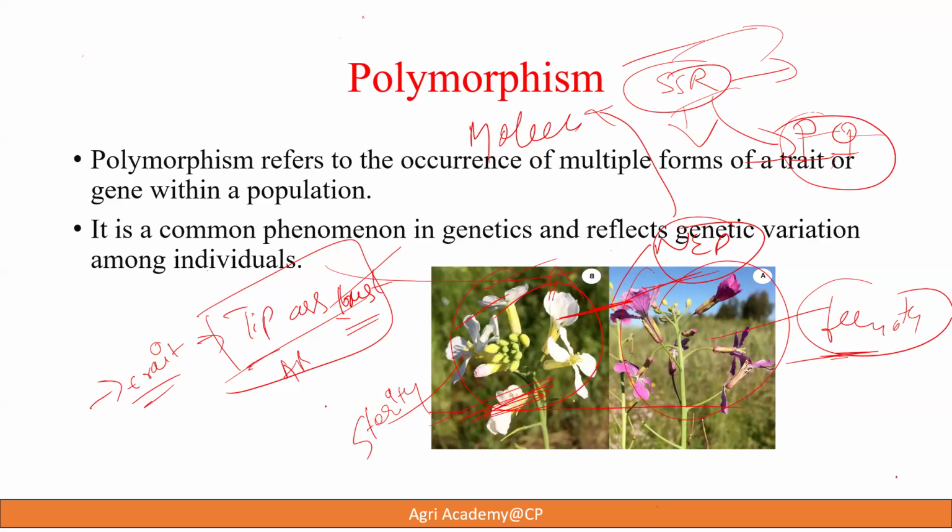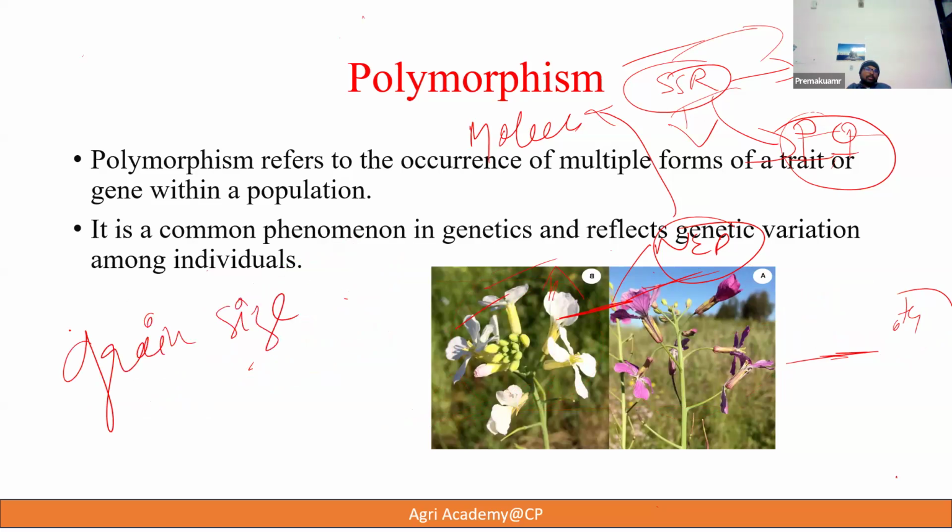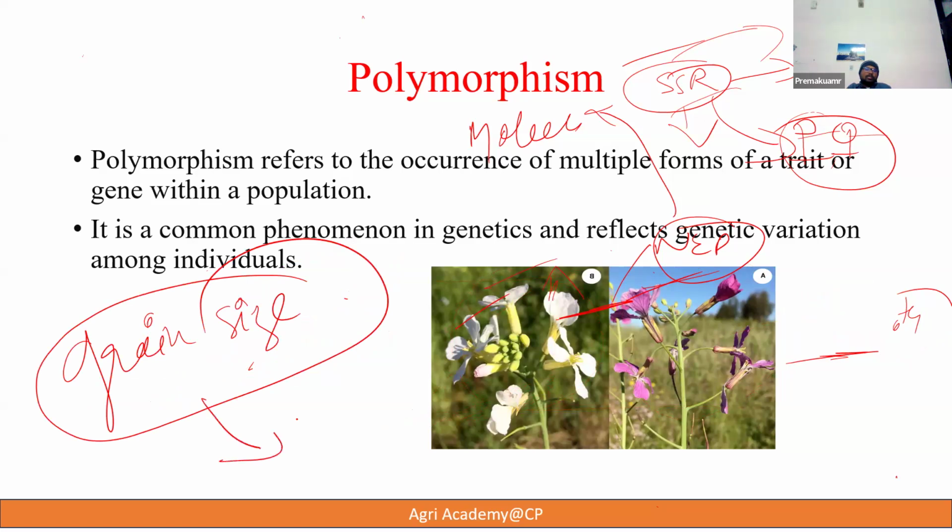Yes, sir. I understood that, but grain size can affect the fitness of an individual. Oh yeah, sometimes. For example, if there is a larger grain size, the susceptibility to damage is much more.